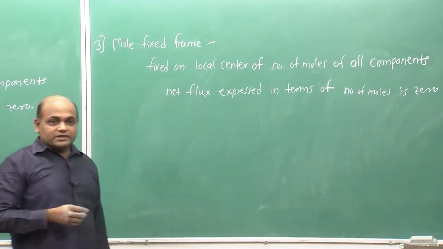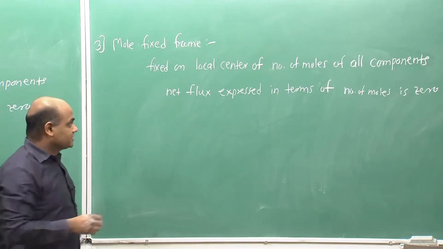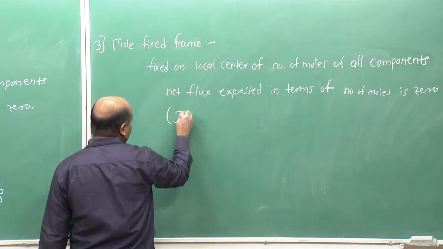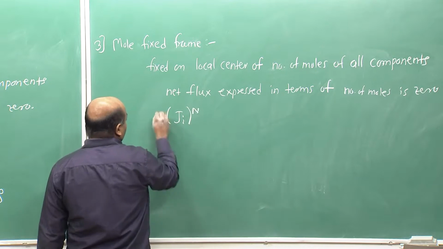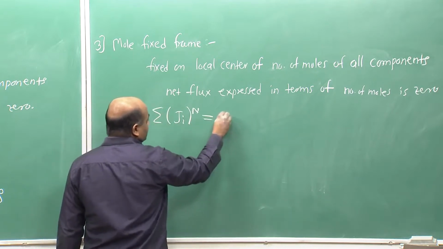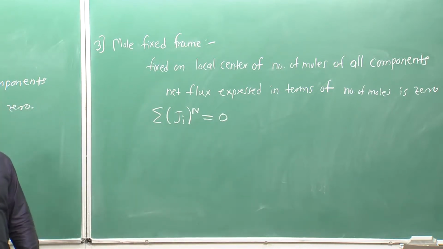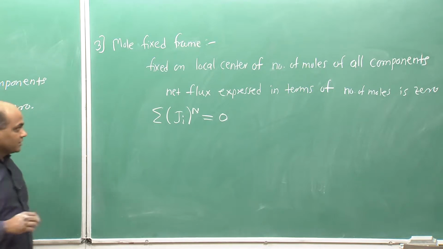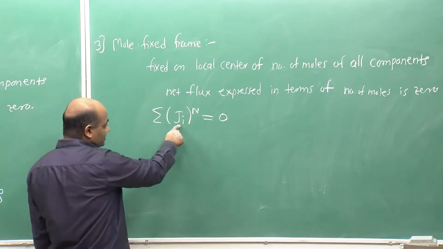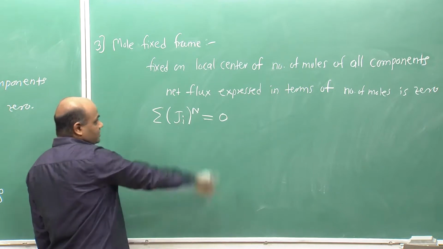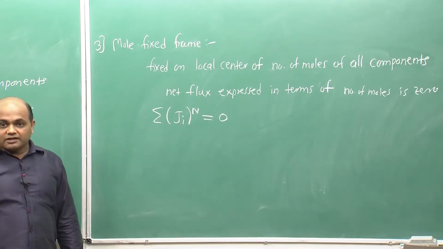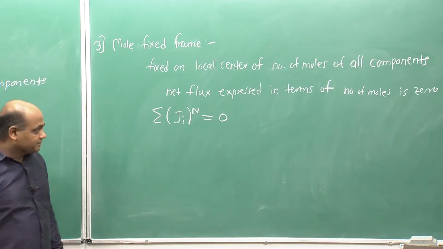So we typically express flux in terms of number of moles. So, you can write sigma J I n is equal to 0. So, J I n denotes the diffusion flux of I with respect to the mole fixed frame of reference.